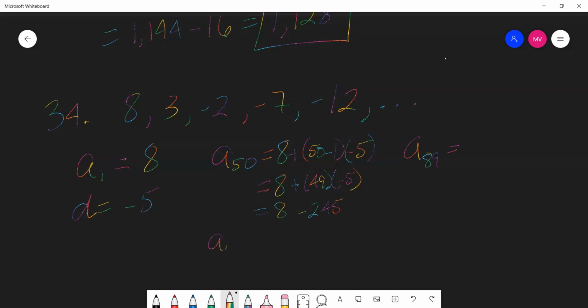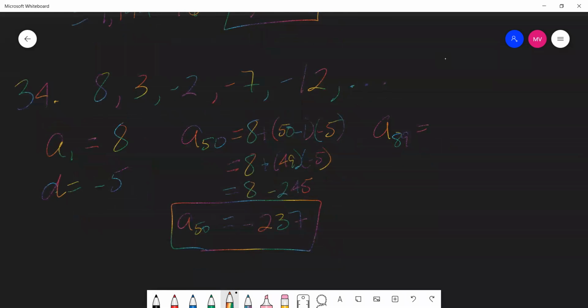So the term at position 50 is 8 minus 245. Negative 237. Yes. All right, position 89 has the term 8 plus 89.